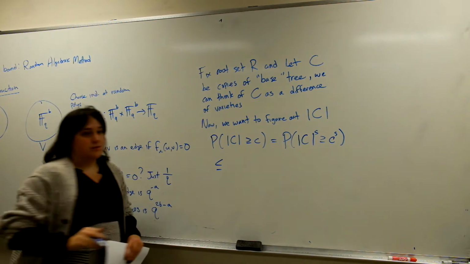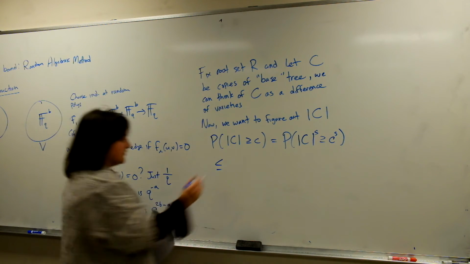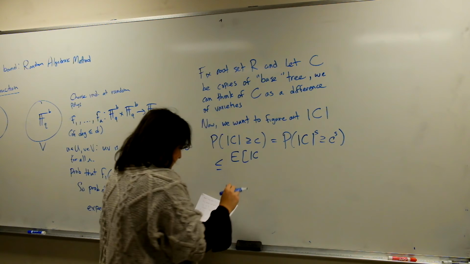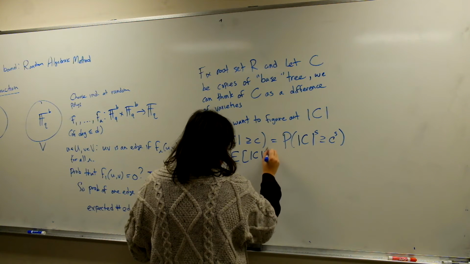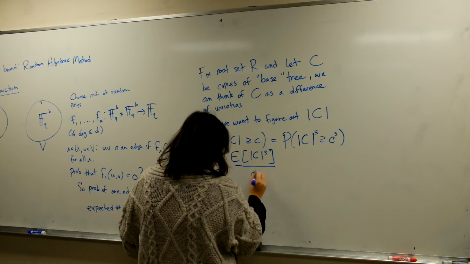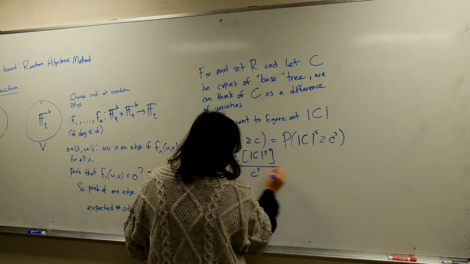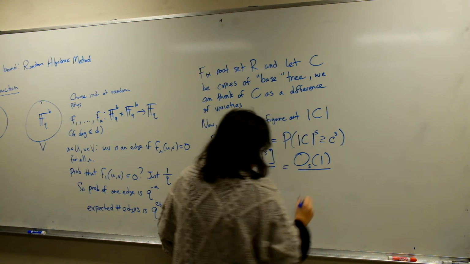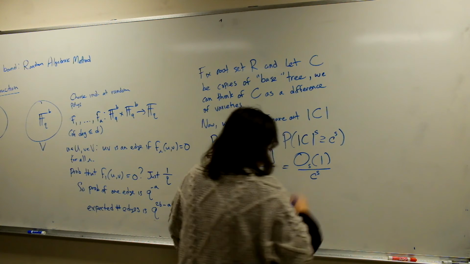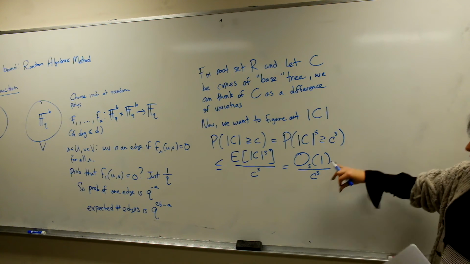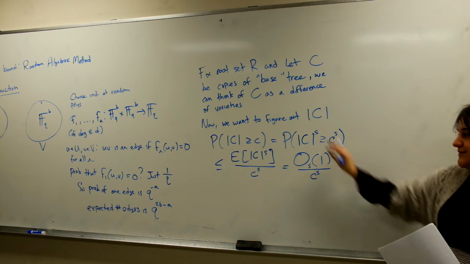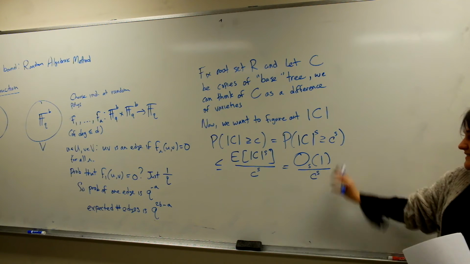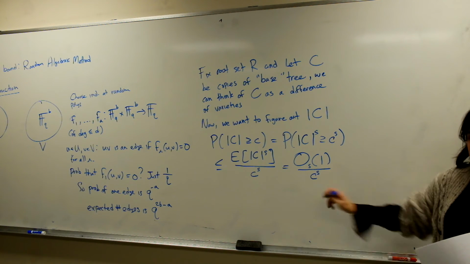By Markov's inequality, this is at most the expectation of the size of C to the s over little c to the s. You can do a little work that I'm not going to show here to bound the top. But this isn't quite good enough. We don't want a constant here.